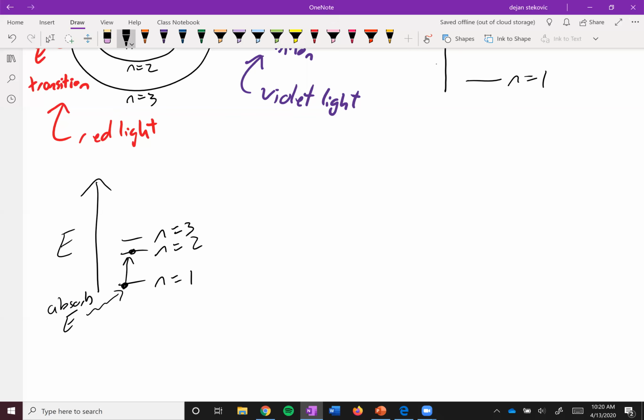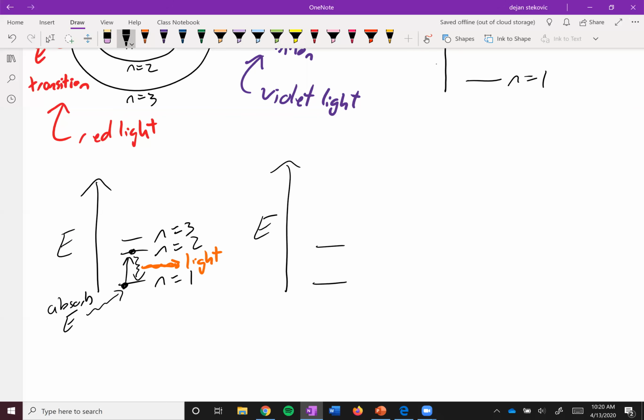But it can't be in between. It either goes to 2 or 3, or it doesn't. It can't go 1.5, it can't go 1 1/3, that kind of stuff. And so then it relaxes back down, and then it would release some light. So you can think of that in terms of that kind of light. This would be kind of a medium level of energy release between 1 and 2.